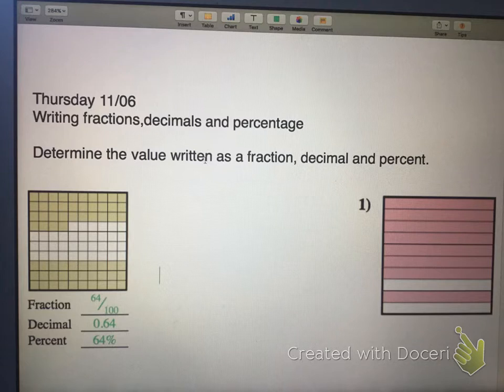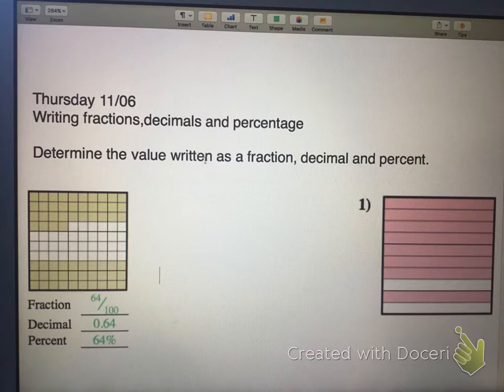Now we know how to write a fraction, because we've been doing it for the past couple of weeks, and it says there that 64 over 100 or 64 hundredths is what the fraction is showing us.